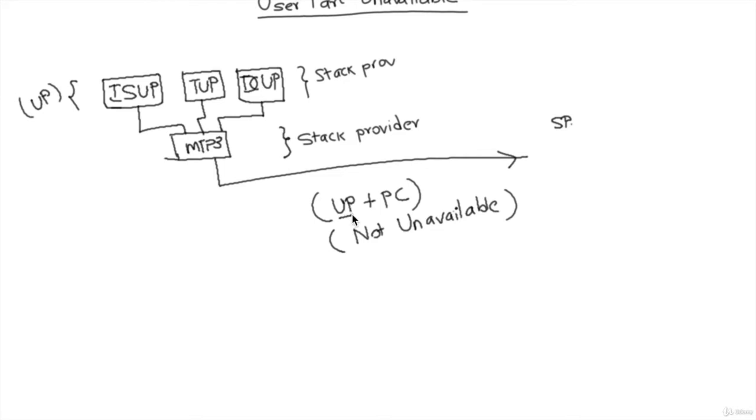Okay, but the actual implementation of it is dependent on the application, the development of the user part. The overall guideline or functionality provided by MTP3 is just to inform the other links, other signaling points, that so and so user part is not able to handle the traffic because it is unavailable, or because of congestion, or because of some other reason. So that's the only flow control message which is available in MTP3 for the time being.